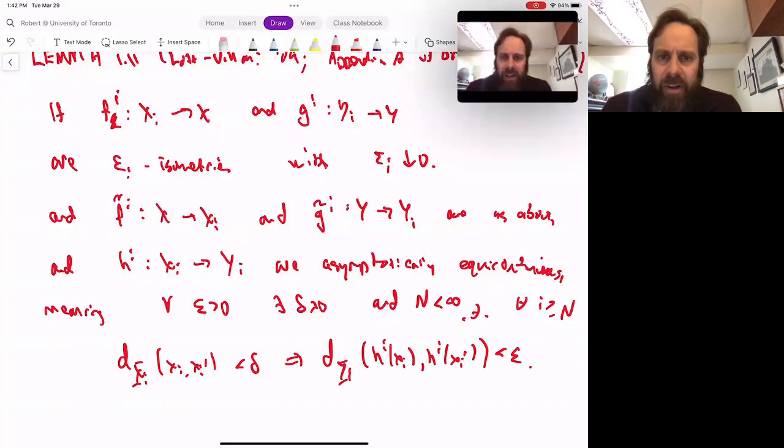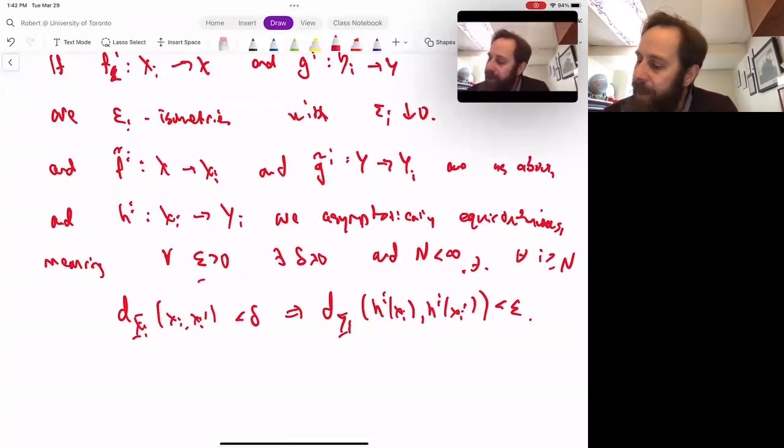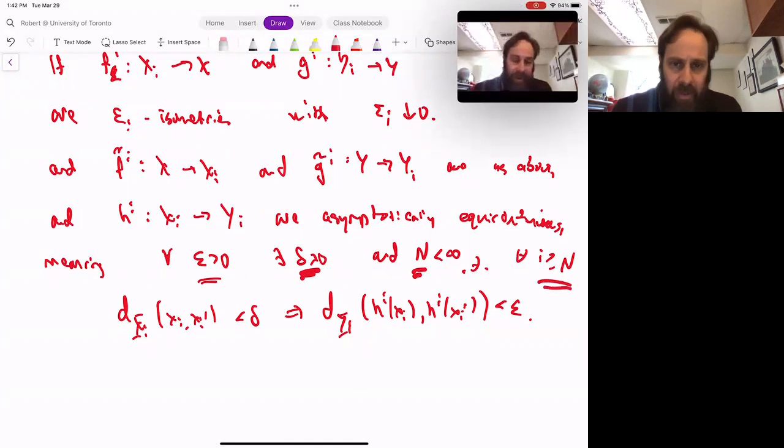Any given H_i is not necessarily a continuous map, but somehow what's happening is that as i tends to infinity, it's tending to become more and more continuous. Right? So for any given epsilon, there's a delta and an n, but if you want to take epsilon smaller, then you not only need to take delta smaller, you'd also need to take i larger in order to get this closer to being continuous.